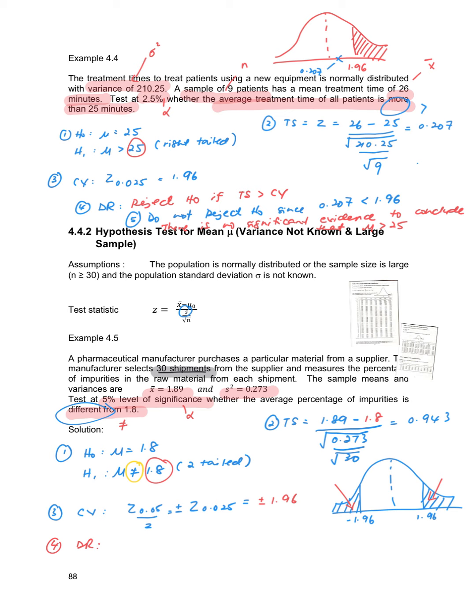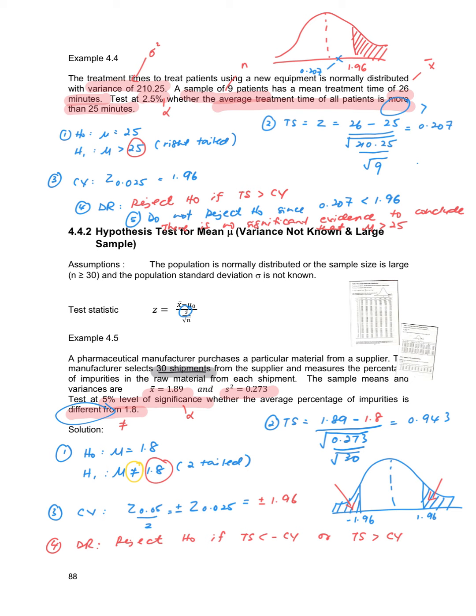So the decision rule will be: reject H0 if test statistic less than negative CV or test statistic greater than critical value. So kalau ada two-tailed test, kita ada dua rules kat sini lah. Reject H0 if test statistic less than negative critical value or test statistic greater than critical value.